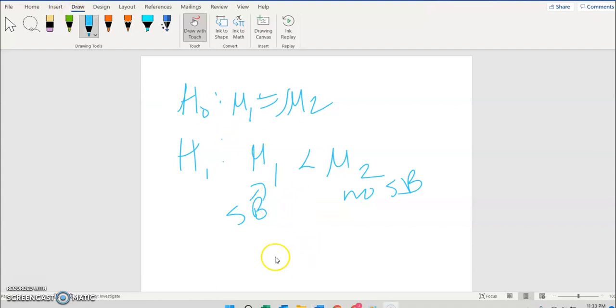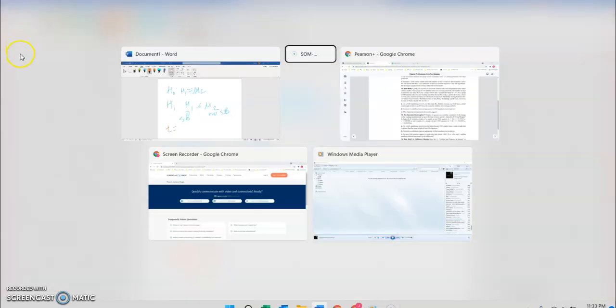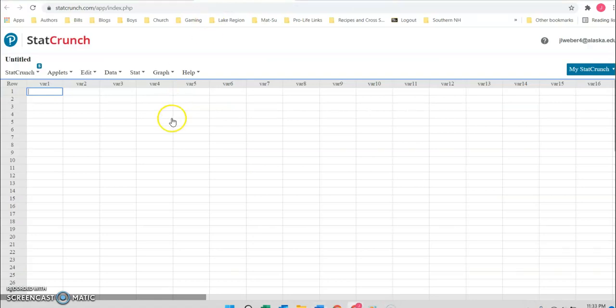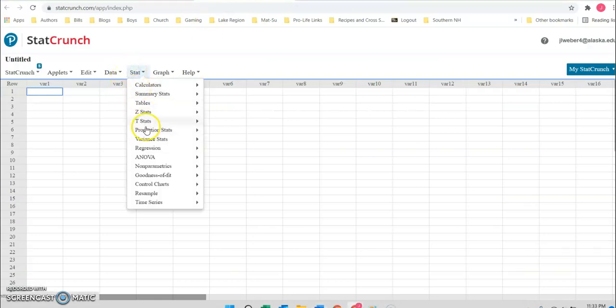Okay, so I need to now find my test statistic, right? I need my T statistic. So I'm going to come over to StatCrunch, which I have somewhere here. Okay, so I'm going to go to T-stats, and I'm going to go to two sample, and I have summary. Now, if we had data, we'd use data up here.